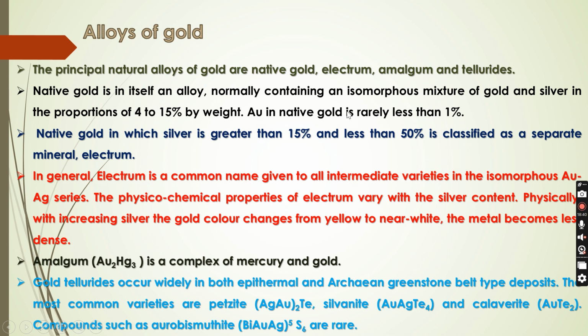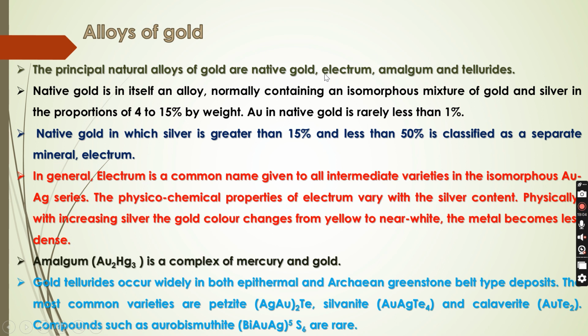Gold in native gold is rarely less than 1%. Most of the time, 4 to 50% silver is there. Native gold in which silver is greater than 15% and less than 50% is classified as a separate mineral, that is electrum.